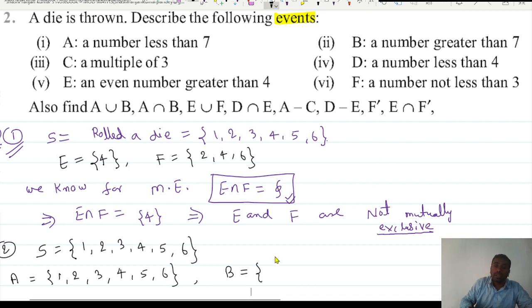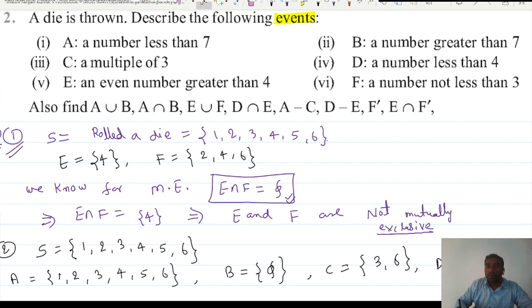You can clearly see there are no elements greater than 7, so B is the empty set. Event C is a multiple of 3, so only 3 and 6. D is the number less than 4, so 1, 2 and 3.